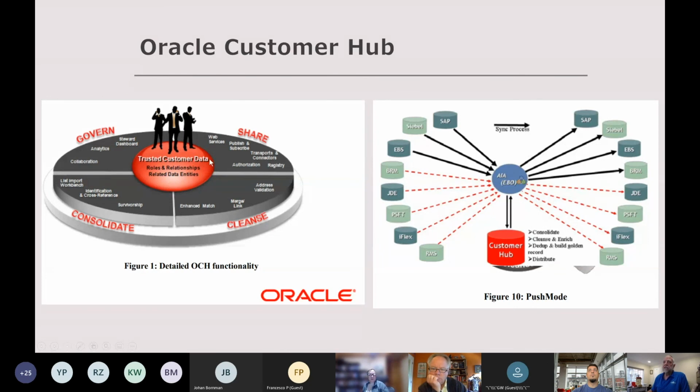And then the biggest benefit was that they could then change the drop downs in all of these applications. So for example, in EBS, the drop down, instead of it having a list of customers, it would issue a query to the master data hub to get all the customers from there.